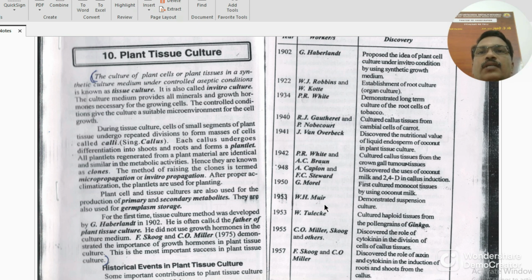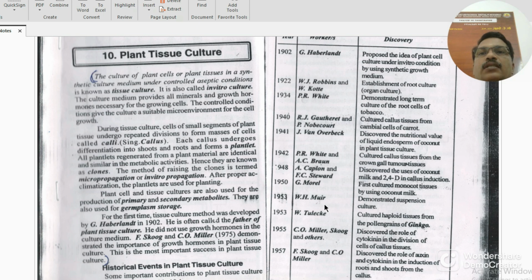For the first time, tissue culture was developed by G. Haberlandt in 1902. He is the father of plant tissue culture, who contributed much to plant tissue culture technology development.